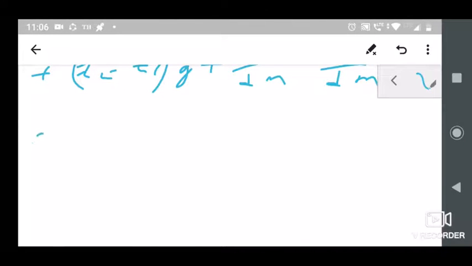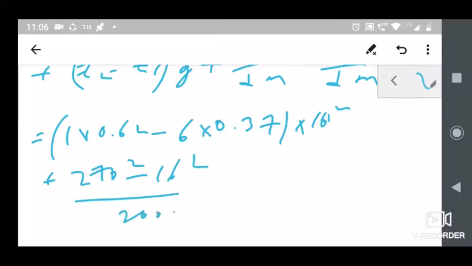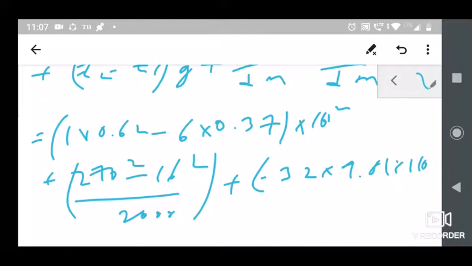Next, substitution of these values: 100 into 0.62 minus 600 into 0.37, into 10 to the power of minus 3 for unit conversion, plus (270 square minus 16 square) by 2000, conversion of units into kilojoules, plus (0 minus 32) into 9.81 into 10 to the power of minus 3, plus 135 minus of minus 9.